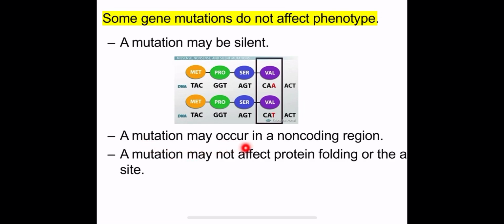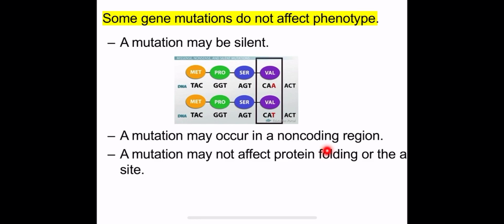A mutation may occur in a non-coding region. As I told you, not all the DNA parts carry codes. There are some non-coding regions. So if there is any change in the non-coding region, will this affect the phenotype? Of course not.